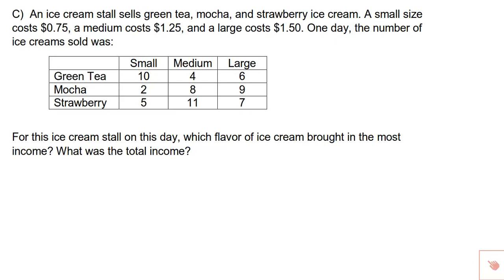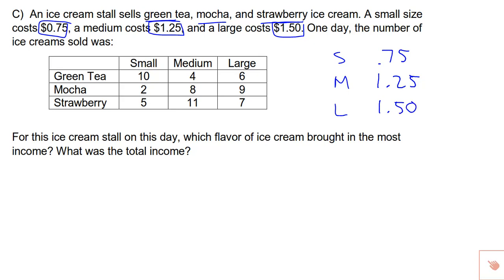An ice cream stall sells green tea, mocha, and strawberry ice cream. A small size is 75 cents, a medium is 125, and a large is 150. So we have small, medium, and large, 75 cents, 125, and 150.